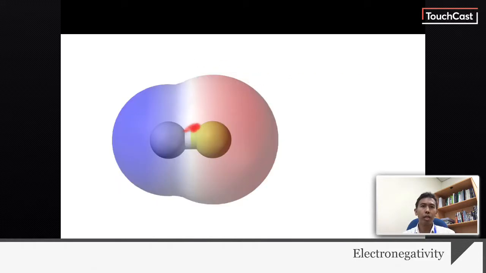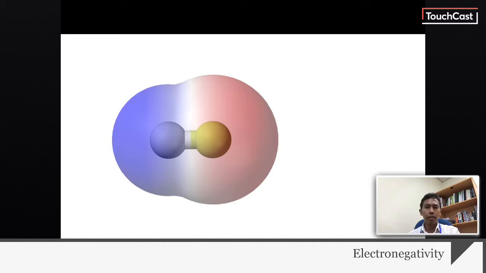If two atoms come together to form a bond, the atom with higher electronegativity will attract the electron away from the atom with lower electronegativity. How strongly the electrons are attracted to the more electronegative atom depends on the difference in electronegativity.